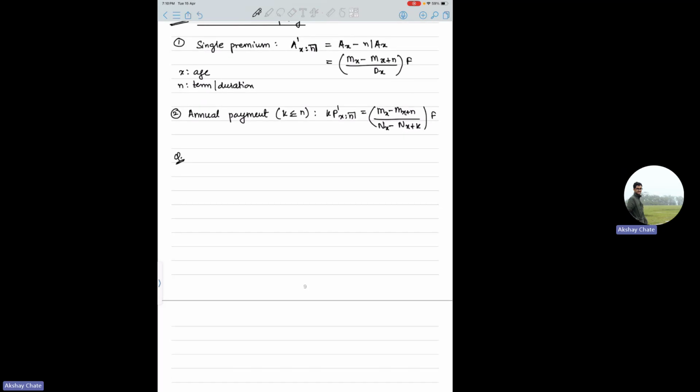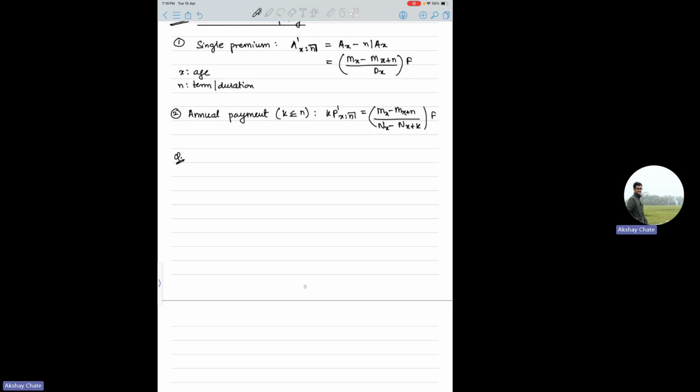Let me check if there is a term insurance formula. Yeah, okay. So let's take this example.